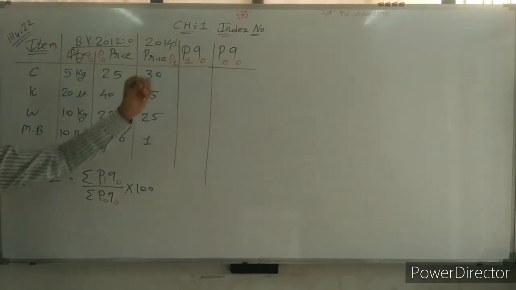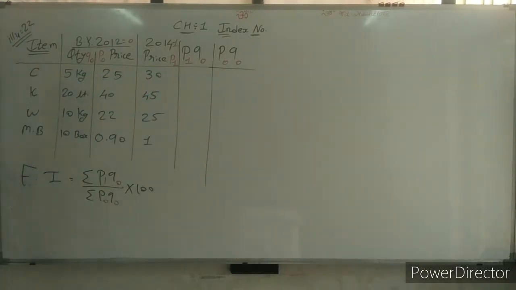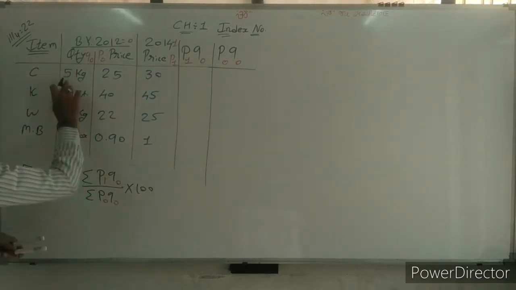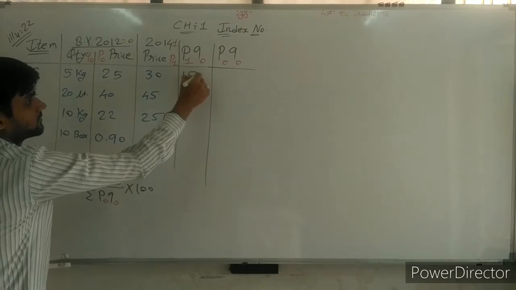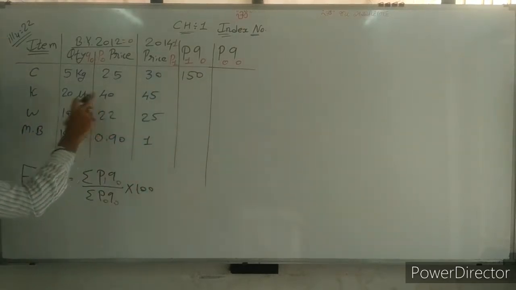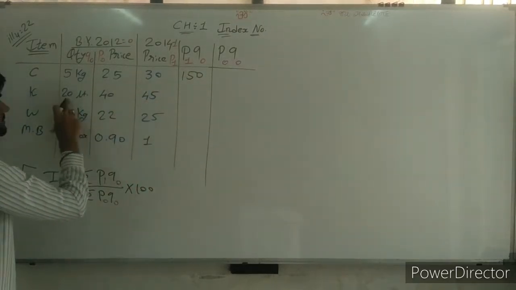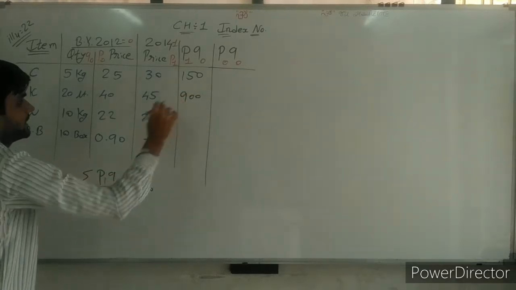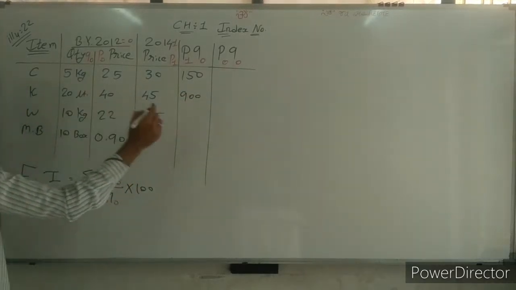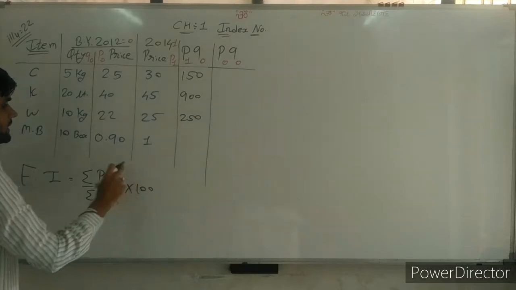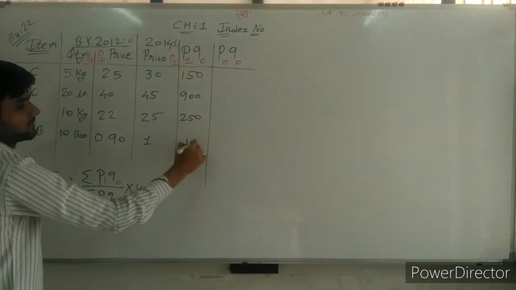Now going ahead. Calculation. So P1 30, Q0 5, 30 into 5, 150. 45 into 20, 900. 25 into 10, 250. 10 into 1, 10.